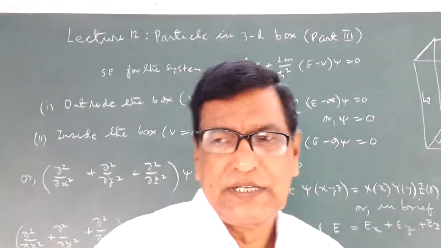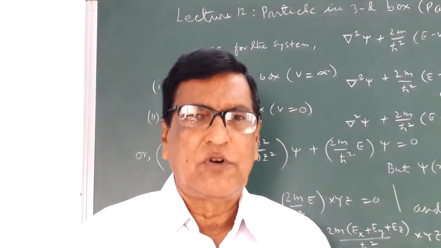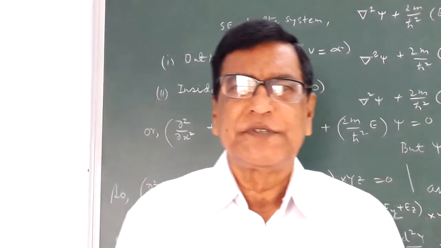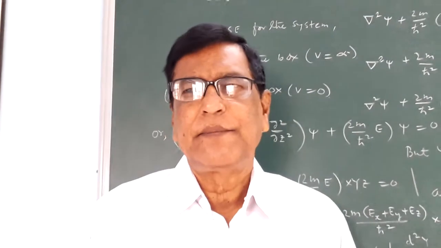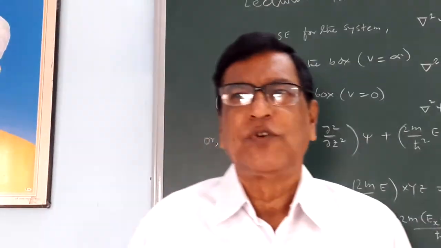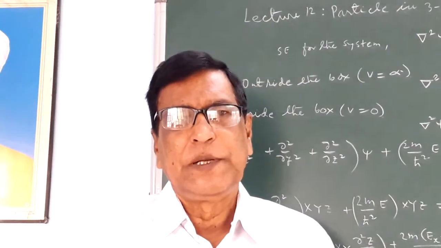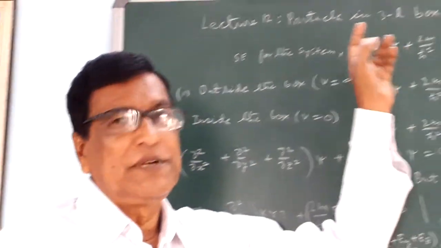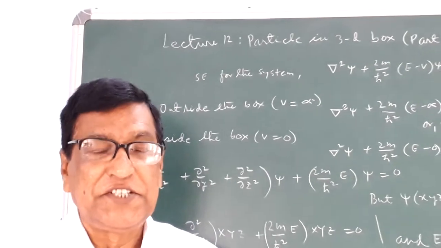Actually, I have shown the particle in a one-dimensional box is very useful to explain the motions of electrons in atoms and molecules. As for example, one beautiful result I have shown for the spectra of butadiene. The experimental result and the theoretical result calculated on the basis of this simple model are found to be almost exact.